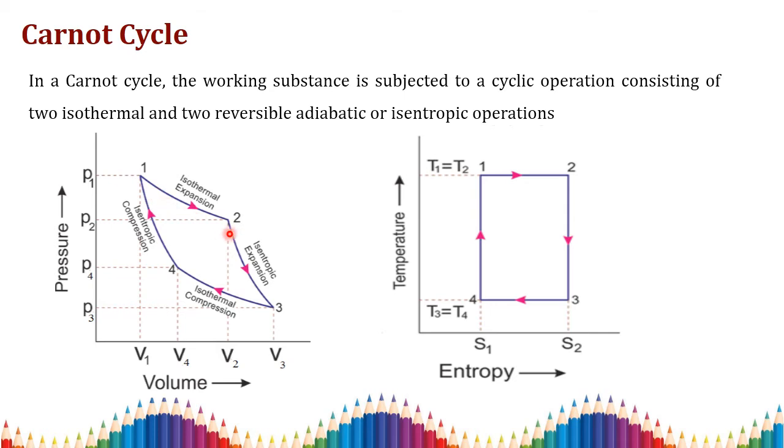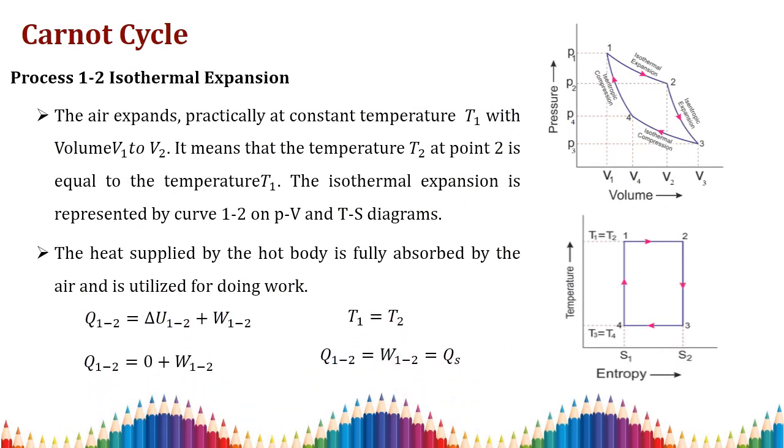During isothermal processes the temperature is constant, and during isentropic expansion the entropy is constant. During isothermal compression, T3 is equal to T4, and the compression at the end is an isentropic or reversible adiabatic process.